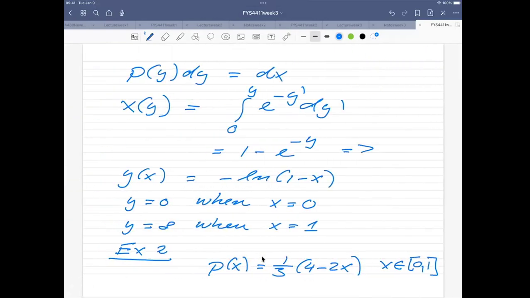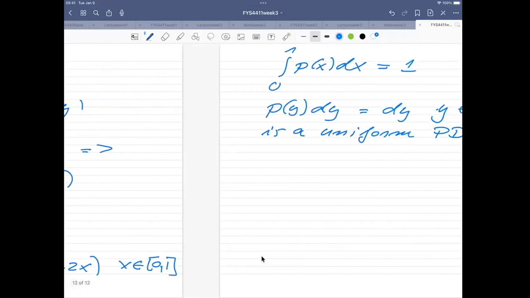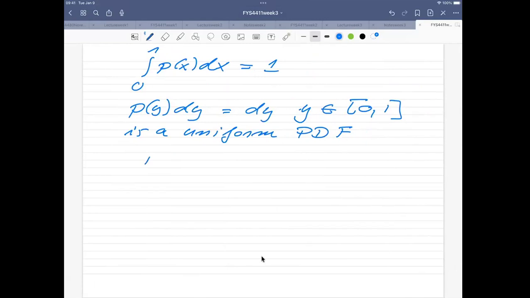I'm going to set these distributions to be equal. So this means that I will have 1 divided by 3, and then this function which gives me 4 minus 2x. This is my probability distribution, and this is going to be equal to the PDF of y.